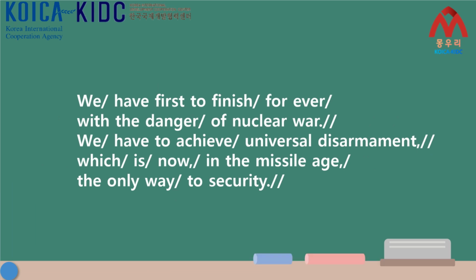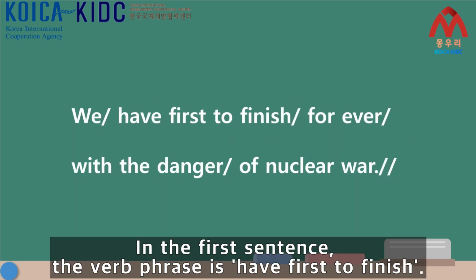We have first to finish forever with the danger of nuclear war. We have to achieve universal disarmament, which is now, in the Missile Age, the only way to security. In the first sentence, the verb phrase is have first to finish.